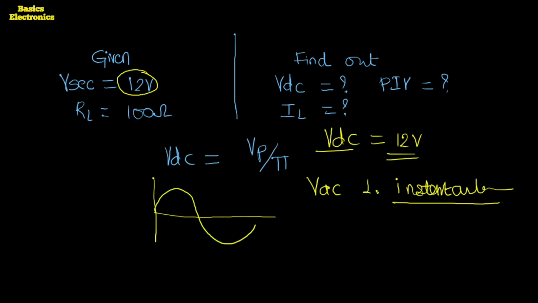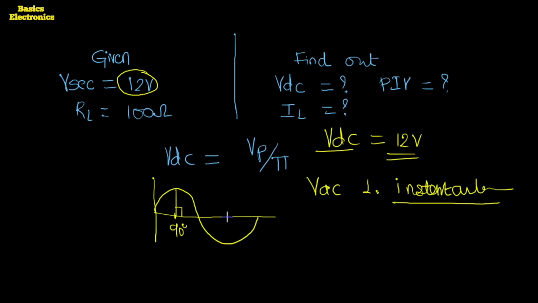Here is one cycle of the AC. At this particular point there is an angle, that angle is 90 degrees. If we measure the voltage at a particular instant, a particular angle, then that voltage of the AC is called the instantaneous voltage.